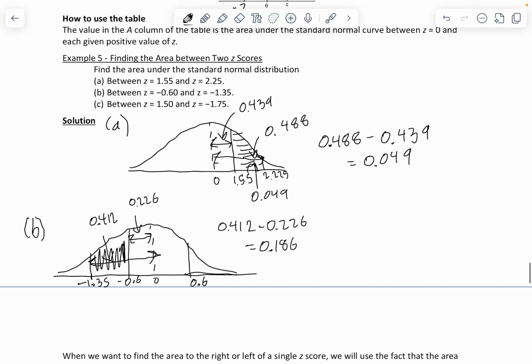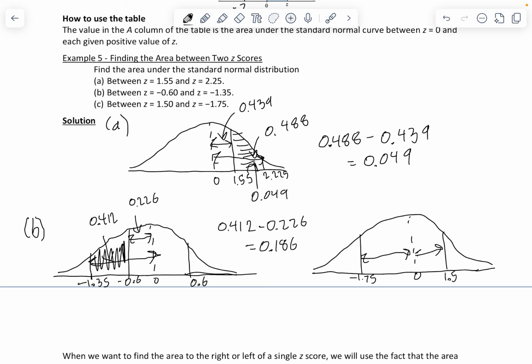Okay. See if I can do the last one over here. Again, we're centered over 0. For C, we're trying to find the area between z-scores of negative 1.75, which is down here, and positive 1.5, which is up here. Okay. So what I can do is find this area and this area separately using the table, and then by adding those together, I get the total area that I want, right?